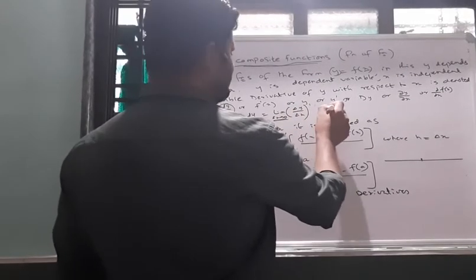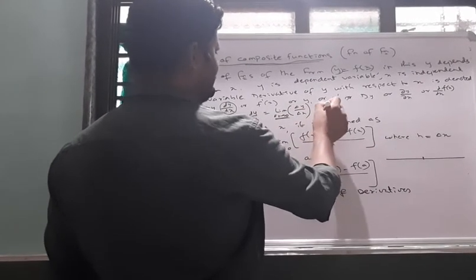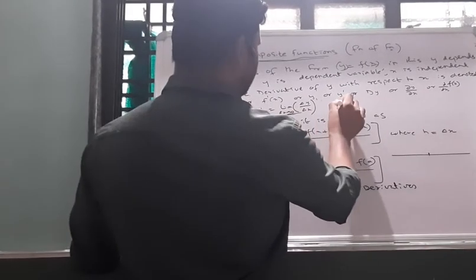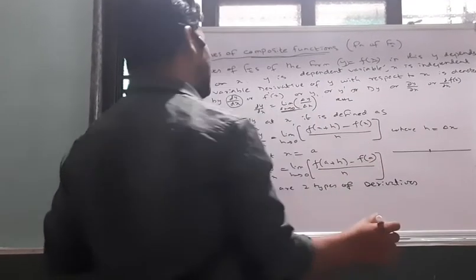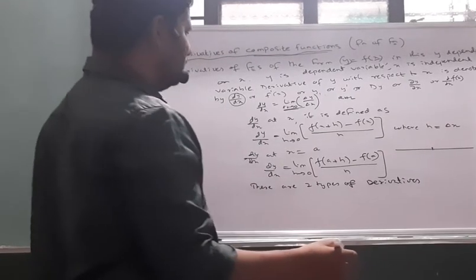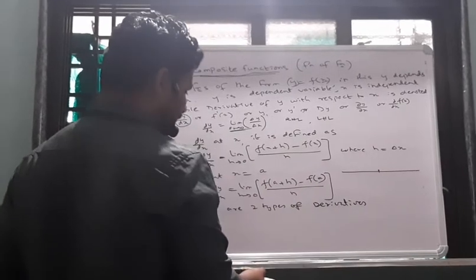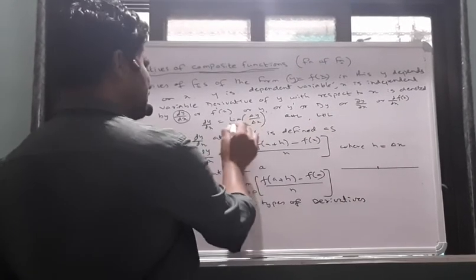For limits we have already studied two types, the right hand limit and the left hand limit. The right hand limit is nothing but the values very close from the right side, and the left hand limit is from the left side. The derivative is nothing but a limit.